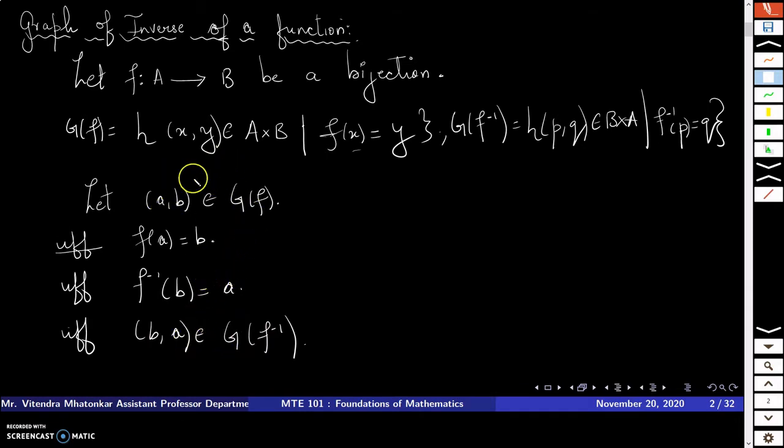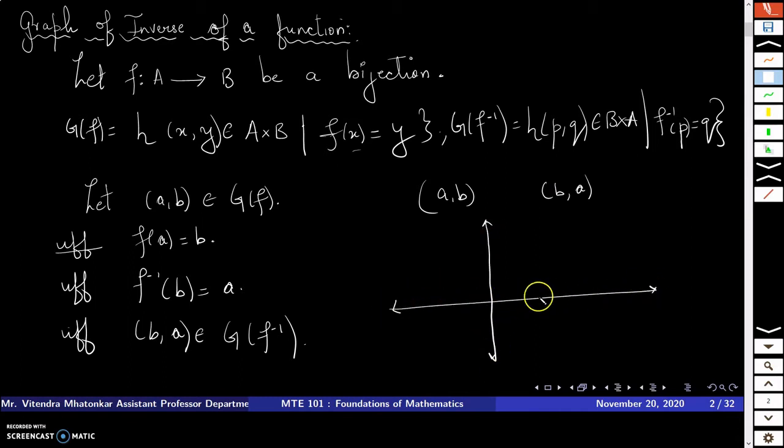And now if you see, what is the relation between the point a comma b and b comma a? Is there any relation between these 2 points? Supposing I draw the xy plane, let's see where these points will lie. Supposing the point A is here and the point B is here.